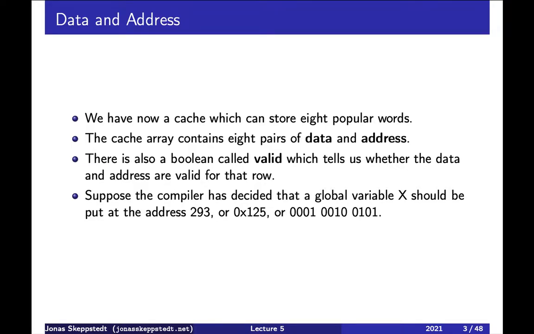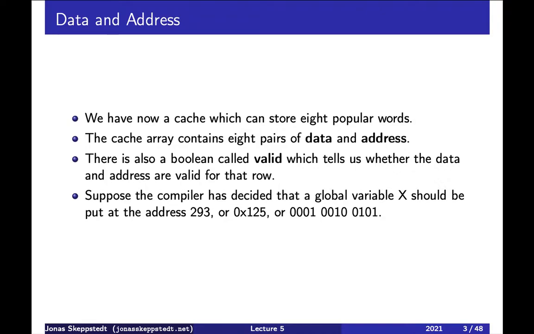So the address, where does it come from? Well, it is the compiler that either gives it the exact address, such as a constant like 293 or something in other bases, or it could be an offset, a constant added to a register.